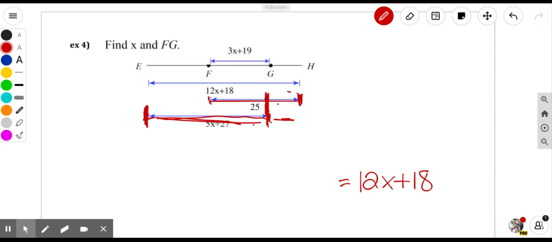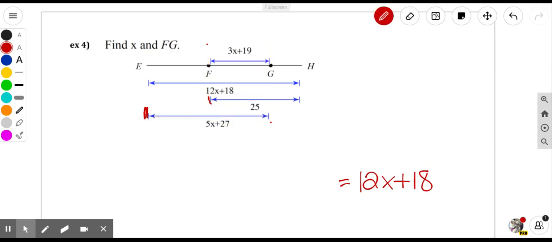So what we really only need is this part, but we don't have that part, but we can figure it out. So if we take this 25, notice that where they overlap happens to be FG. So if we can take the 25 and subtract this overlapping piece, that would represent this little piece. So here's what we do.